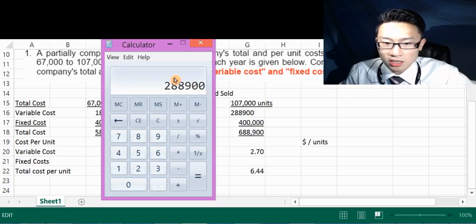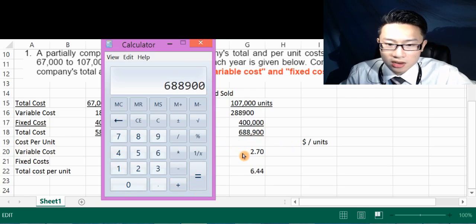And just for checking purposes, 288,900, which is the variable cost, plus fixed cost is going to be 688,900. So that is correct.